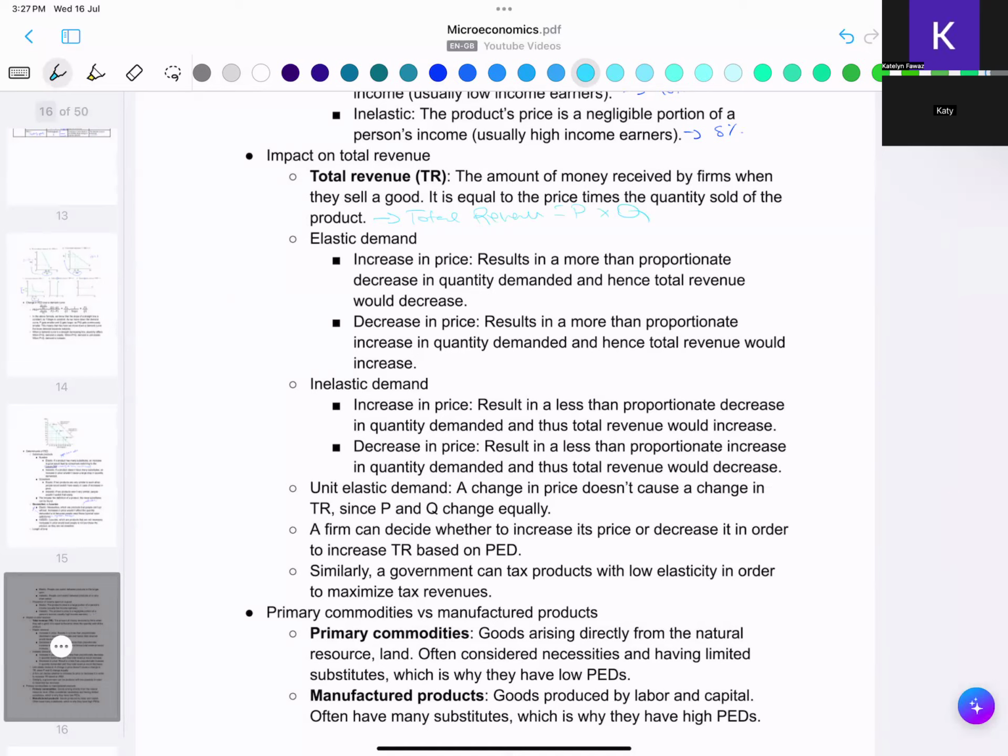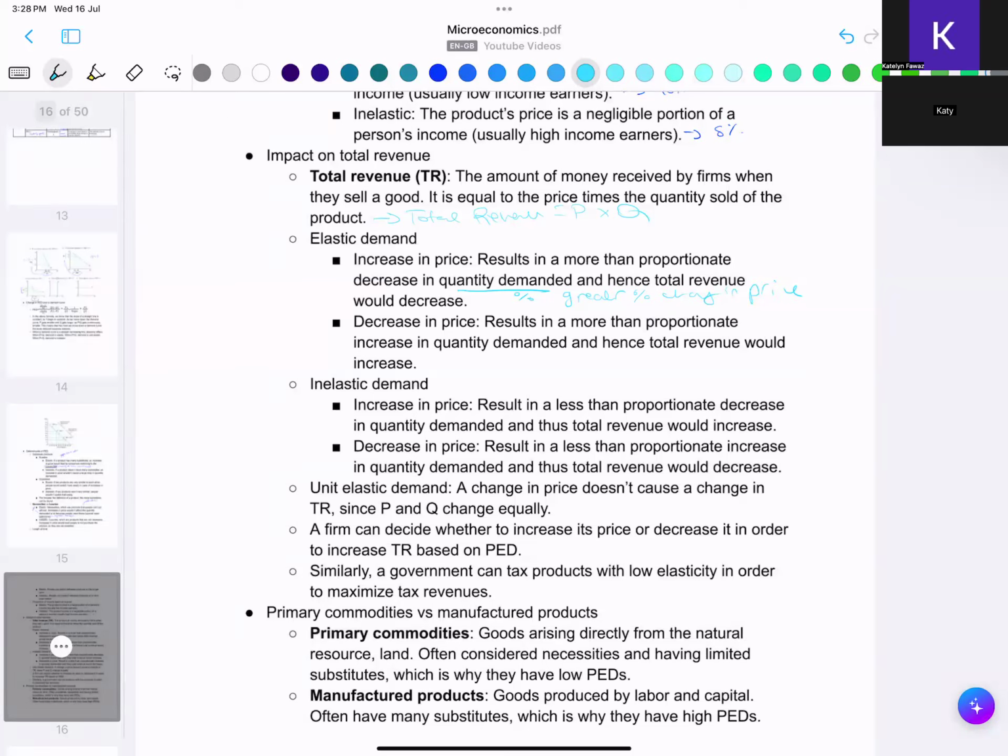But if there's an elastic demand, the increase in price will actually lead to lower total revenue. Why? Because elastic demand means that the percentage change in quantity demanded is greater than the percentage change in price. So if the price increases by 10%, then the quantity demanded will decrease by 20%, let's say.